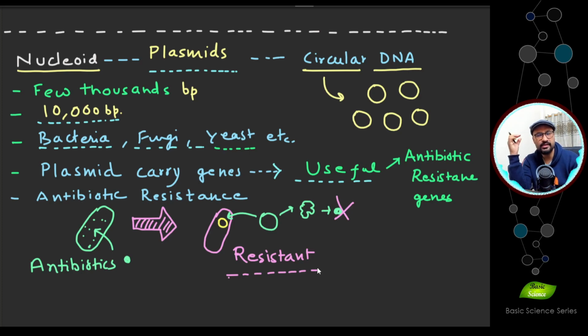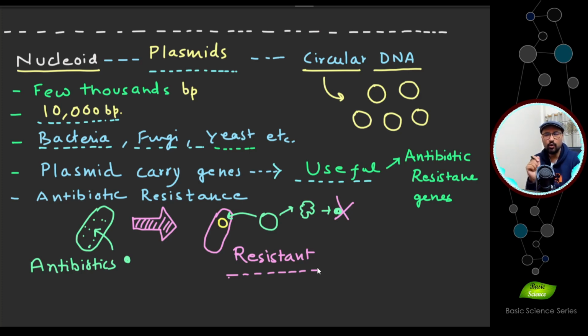A lot of research is going into this area to find out how this happens, what factors are responsible for the development of antibiotic resistance, and how bacteria acquire those plasmids under antibiotic pressure. Anyways, that concludes this video.